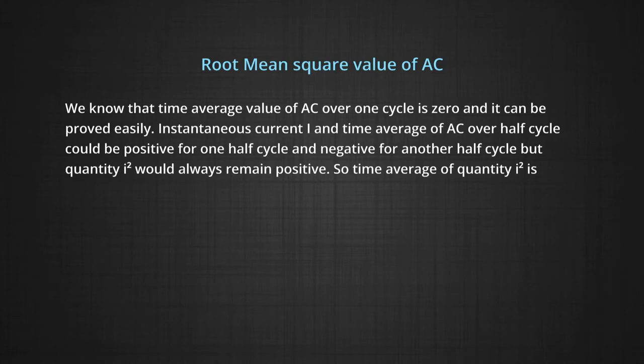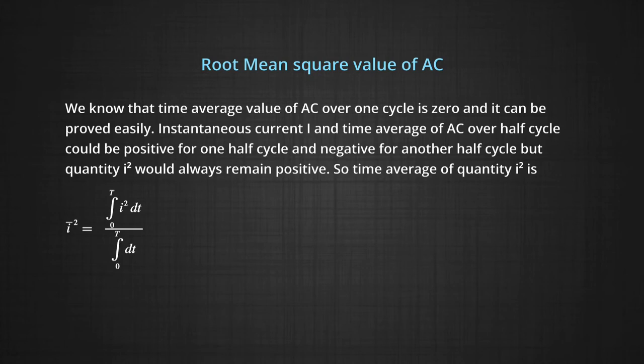The instantaneous current I could be positive for one half cycle or negative for another half cycle, but the quantity I square would always remain positive. So, the time average of the quantity I square is equal to the integral of I square dt from 0 to T for one complete cycle divided by the integral of dt from 0 to T.